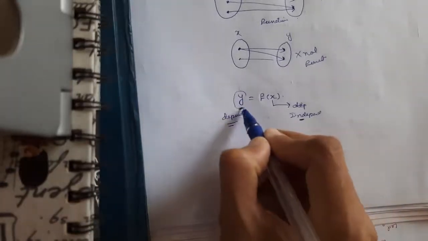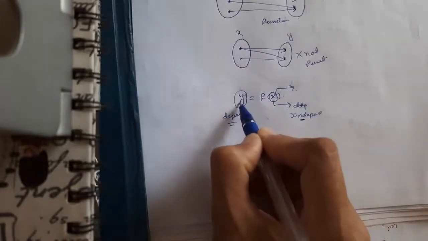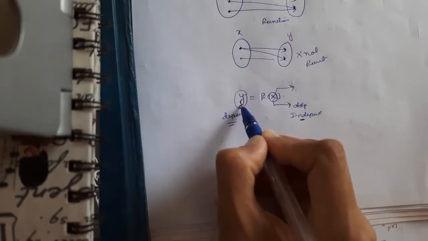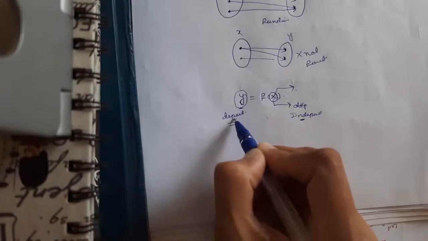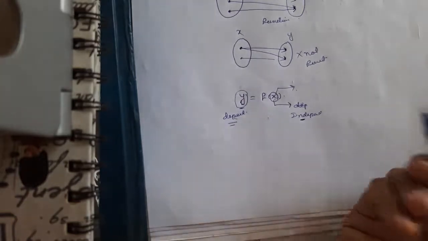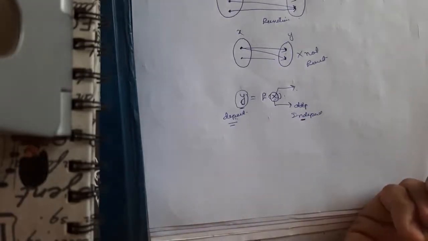This is not in your control, but x is in your control. If you want to change your output, you need to change your input. You cannot directly change your output. That's not in your hand, and that's why it's called the dependent variable, because its value is dependent on x, and x you are free to change.